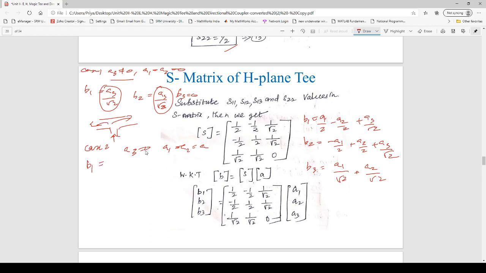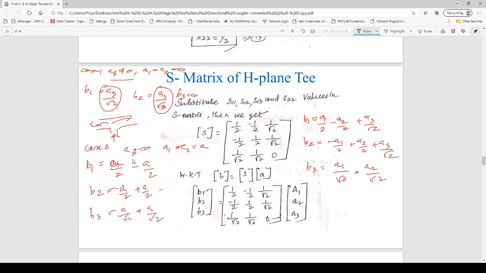A3 is 0, so I will have A by 2 minus A by 2, A3 is 0, and in the same way B2 is minus A by 2 plus A by 2 plus 0, and B3 is A by root 2 plus A by root 2.